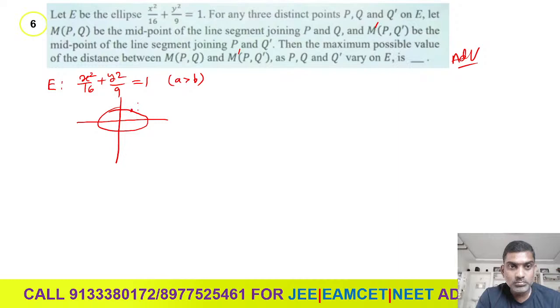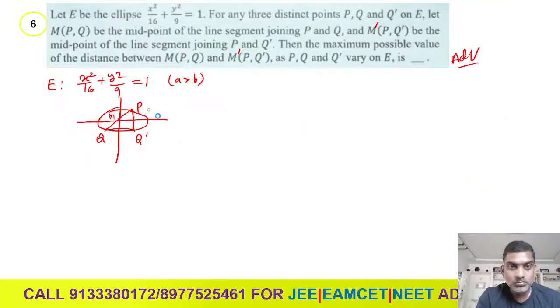So let us take the point P here, and Q is here, Q prime is here, and PQ is connected, PQ prime is connected, QQ prime is connected, PQ midpoint is M, PQ prime midpoint is M prime.